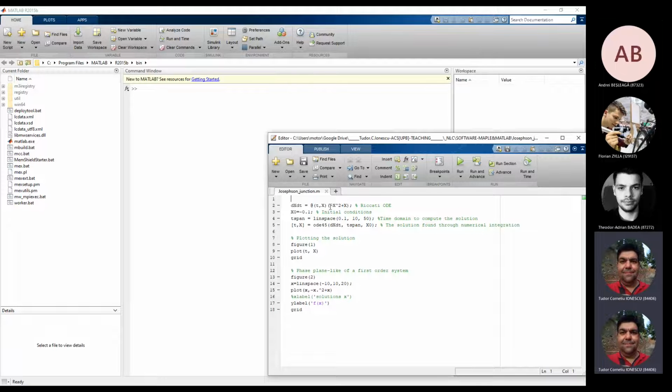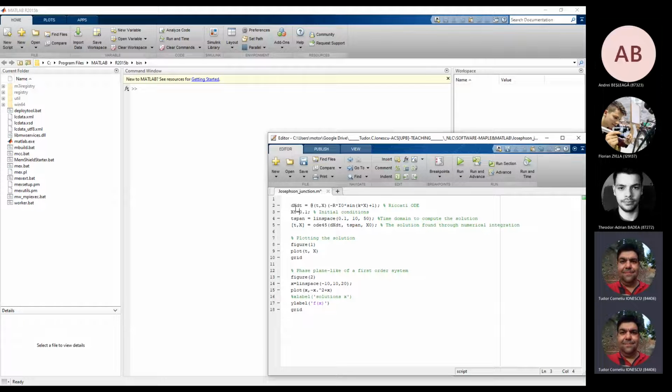So the equation is here: minus r I0 times sine of k times x, plus 1. The initial condition. This is the time domain where we'd like to simulate the solution, to integrate it.